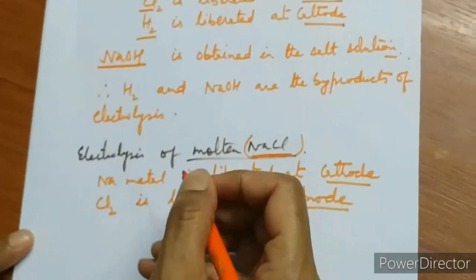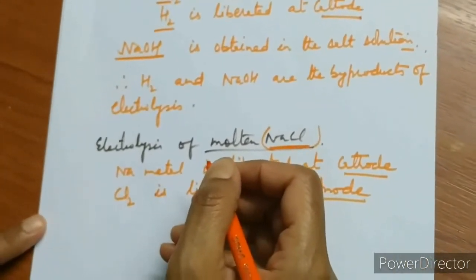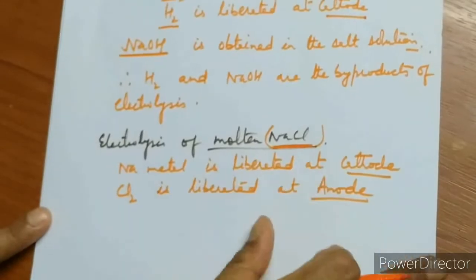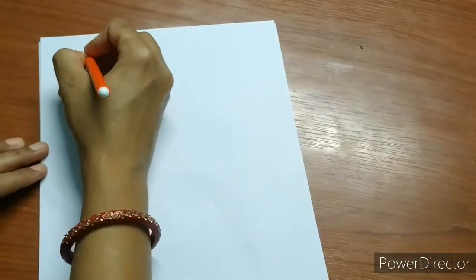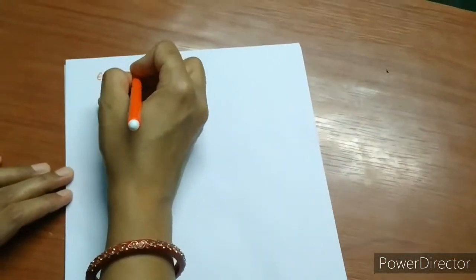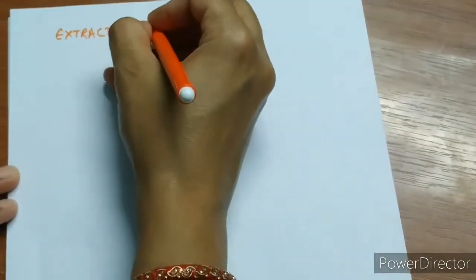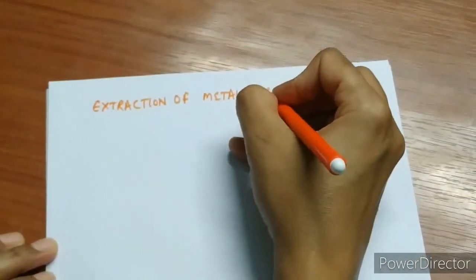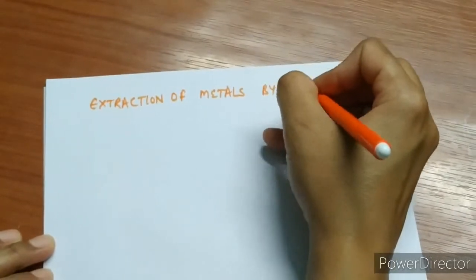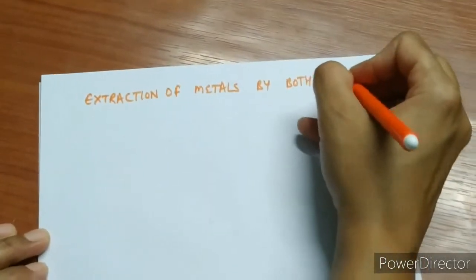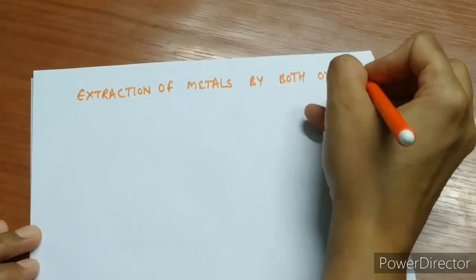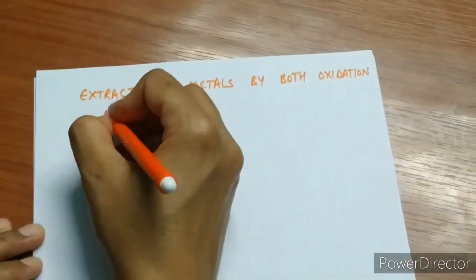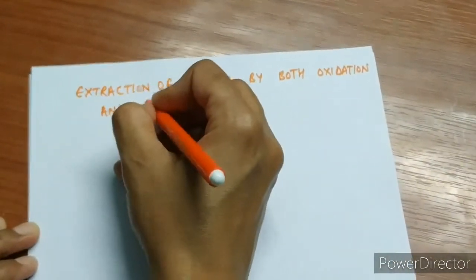So this is the method for extraction of non-metals by oxidation. So extraction of metals by both oxidation and reduction.